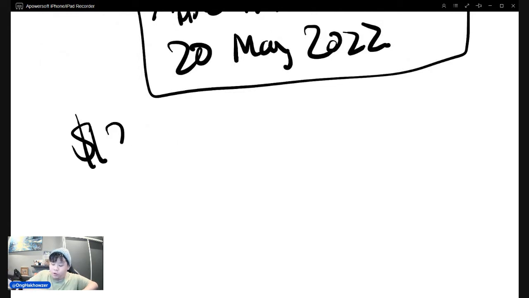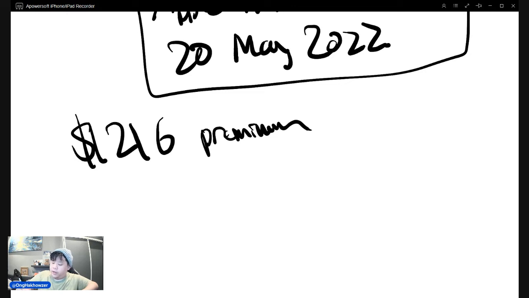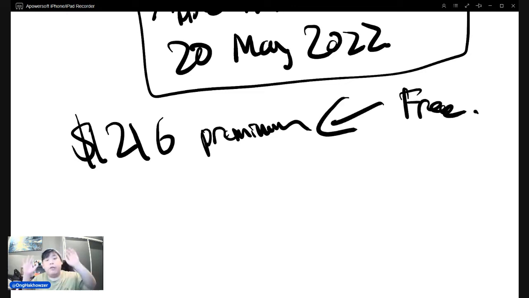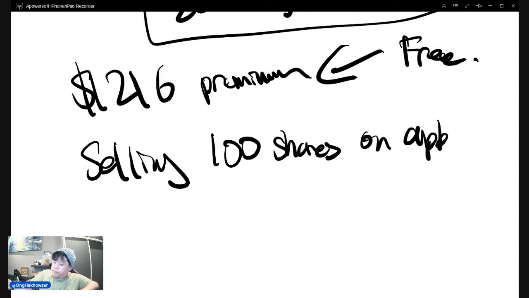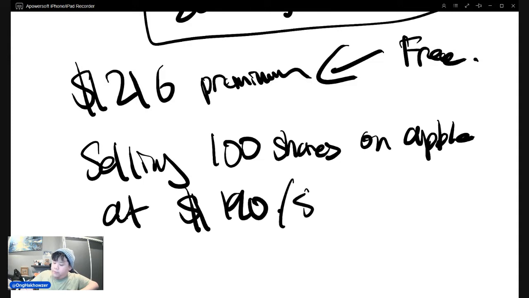So now you do get this money premium. You cash this out for free, but in return, you will be selling 100 shares of Apple at $190 per share.